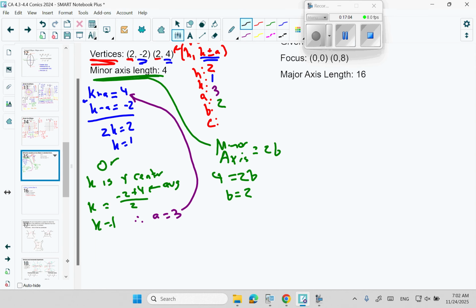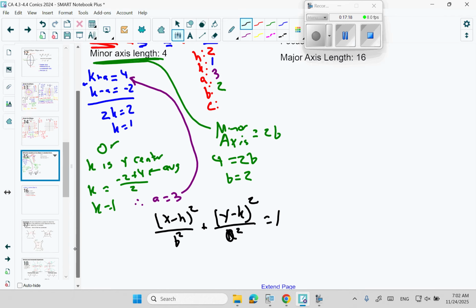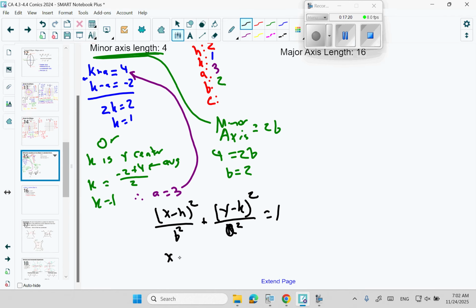Because it's vertical, I can do x minus h squared over b squared plus y minus k squared over a squared equals 1, and plug in all those values. So x minus 2 squared over 4, because that's what 2 squared is, plus y minus 1 squared over a squared, 3 squared, so 9.